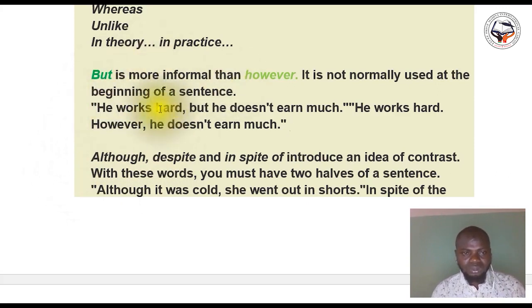So, look at the example here. He works hard, but he doesn't earn much, meaning that he doesn't earn much money. Normally, if you work hard, you must earn much money, but it is not the case. He works hard, but he doesn't earn much.